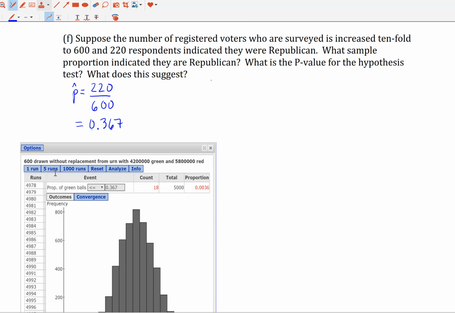If I use the normal model, the mean of my distribution of p hat is still going to be 0.42, but my standard deviation of p hat is now going to be the square root of p times 1 minus p over n, where n is now 600. So 0.42 times 0.58 divided by 600. Now I'm getting a standard deviation of p hat of about 0.020.